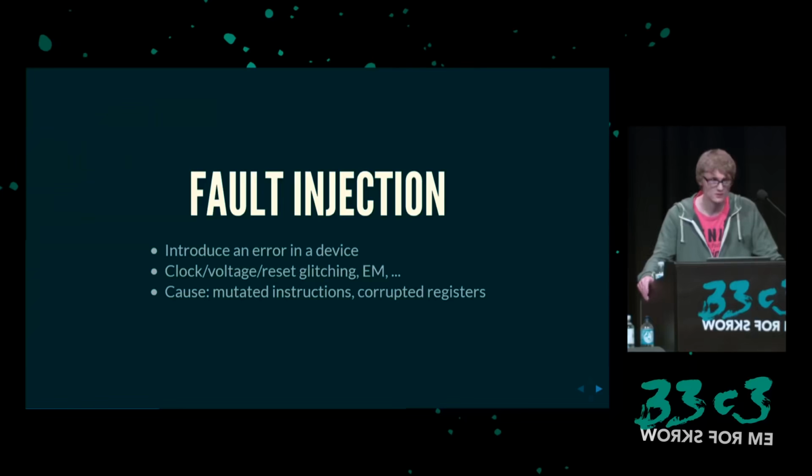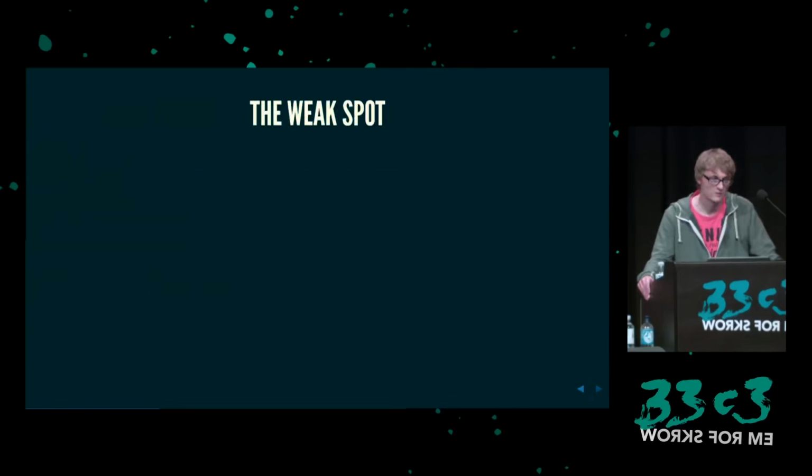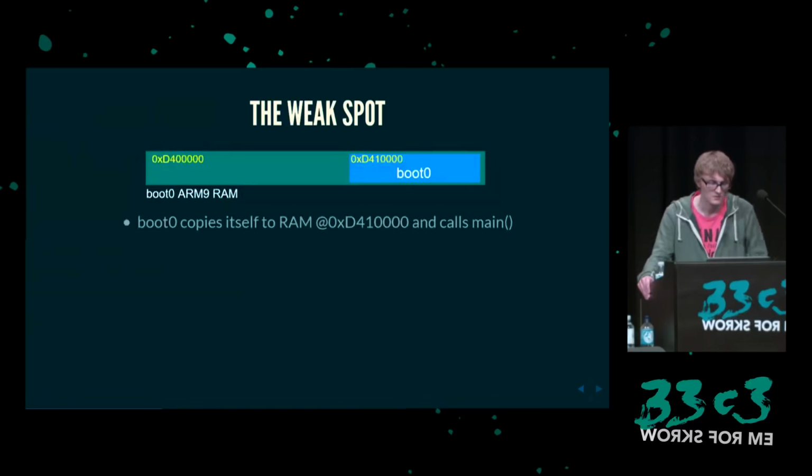So we want to glitch boot0, and to do this, we have to find a nice target, like the weak spot of boot0. So let's take a look at what boot0 does. The first thing it does is copy itself to RAM for some unknown reason. There's no good reason to do this, but it's nice for us.